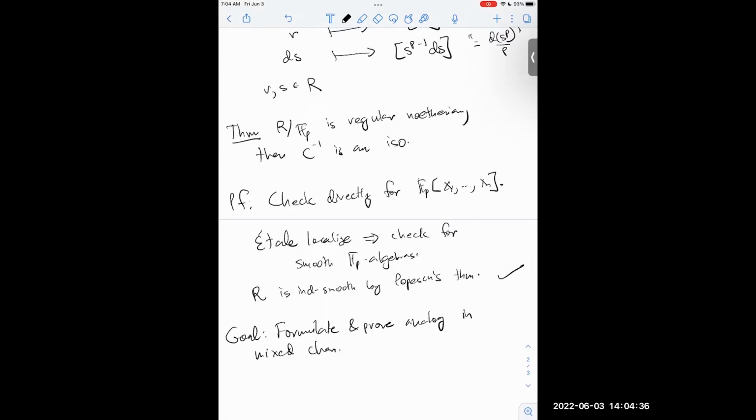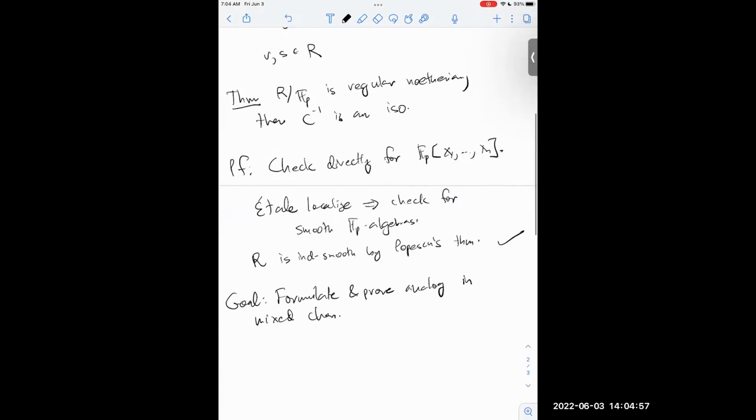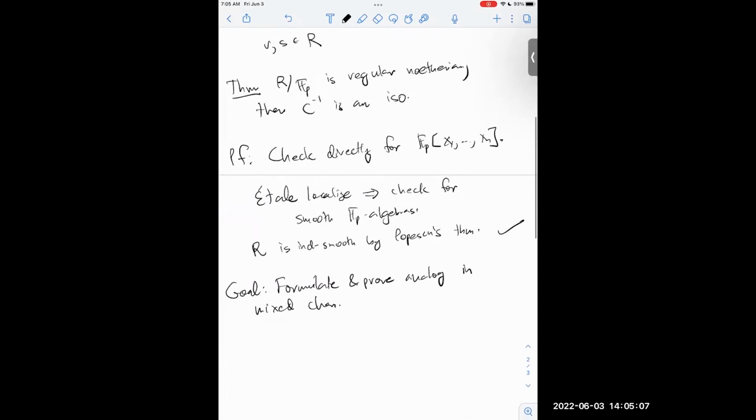But if you look at the proof, much of the proof is pretty formal and works in a mixed characteristic setting, but it's no longer going to be true. Sorry, so maybe I should say that the analog in mixed characteristic is going to be that regular rings satisfy some analog of the Cartier isomorphism, and it's not going to be true that regular rings in mixed characteristic are ind-smooth over Z or over a DVR or something. So one isn't going to be able to argue in quite the same way.